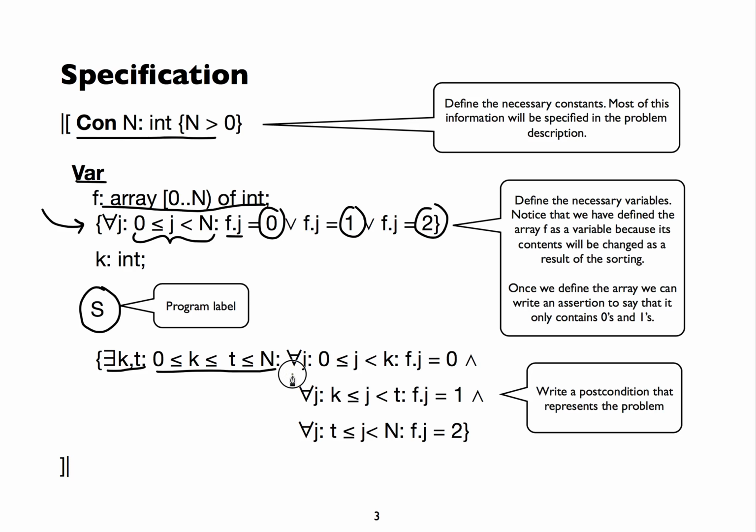So the first segment is this. For all j, where j is greater than or equal to 0 and less than k, so where j is between 0 and k, this segment is going to be f.j equal to 0. Where j is between k and t, this segment is going to be f.j equal to 1. And where j is between t and n, this segment will be f.j equal to 2.